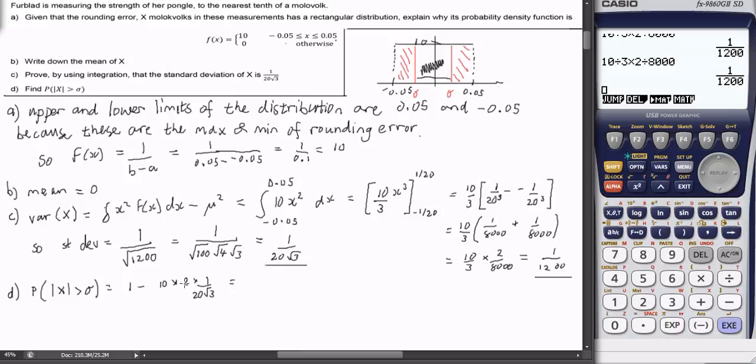So that's 10 times 2 is 20, the 20's cancel, so we get 1 minus 1 over root 3.